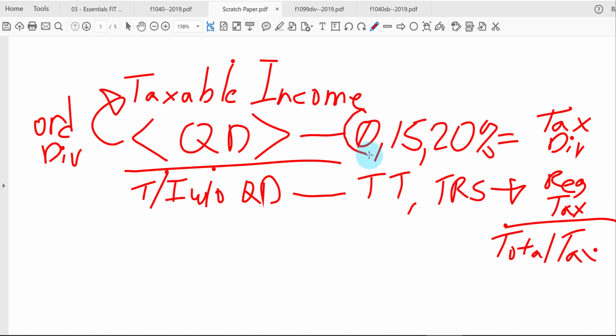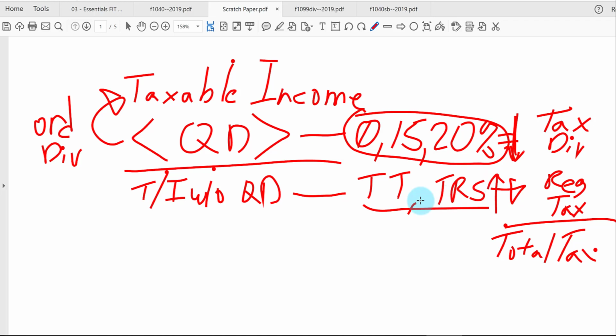The rates here, taxing the qualified dividend, are going to be lower than the tax on the regular rates. Remember there were different tax brackets? Well, the tax brackets here are lower than the regular tax brackets. So you're saving taxes if you have qualified dividends.